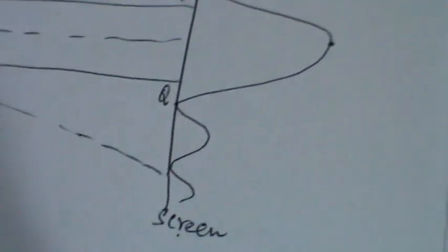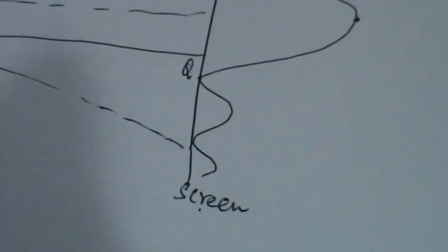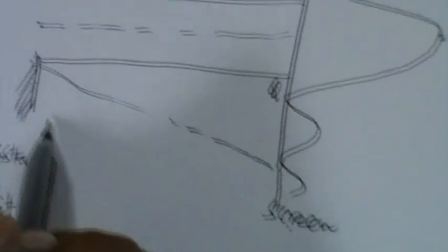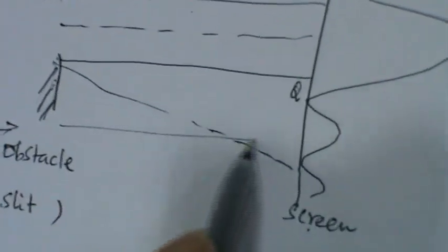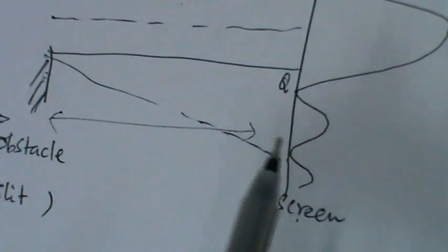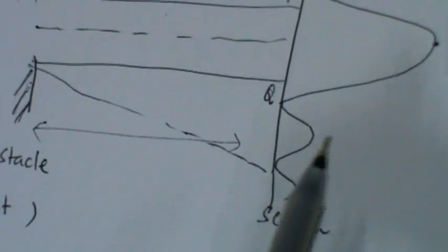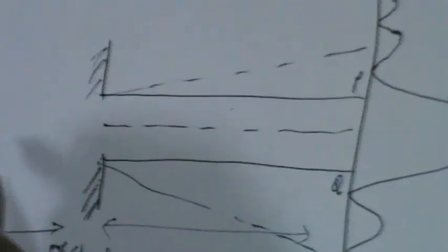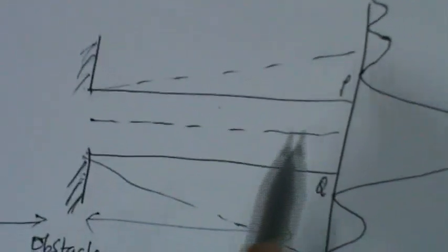In Fresnel diffraction, the distance between source and the obstacle and the distance between the obstacle and the screen are as close as possible, which means that we will not be able to get plane waves out of this source.